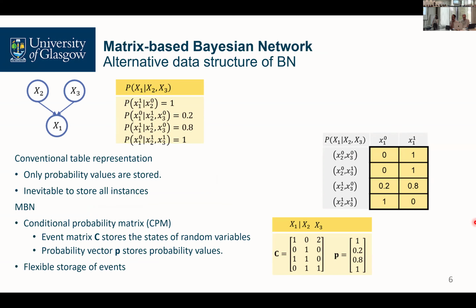So matrix-based Bayesian network has been proposed as an alternative data structure to store this system events conditional distribution.